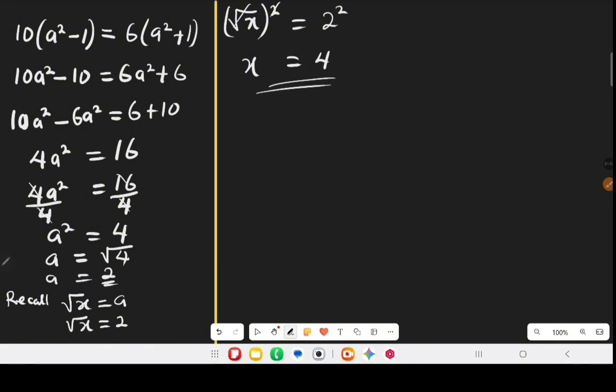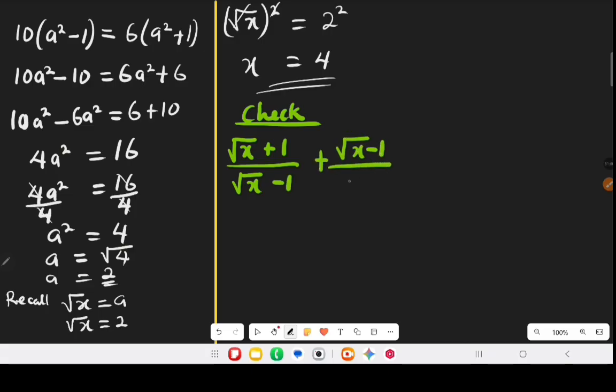Now we want to check if our answer is correct. Check. What we do, we write the original equation, which is root of x plus 1 all over root of x minus 1 plus root of x minus 1 all over root of x plus 1 equal to 10 all over 3. Now put x equal to 4. Whenever we see x, we put 4.